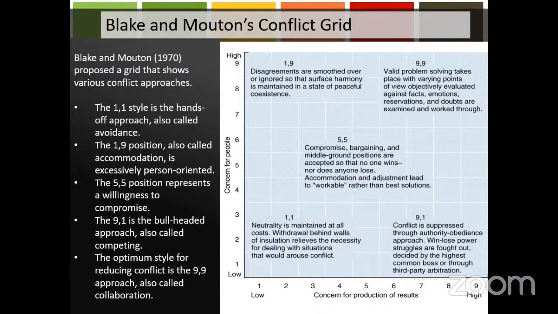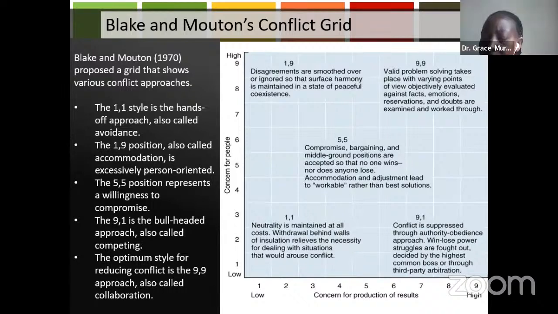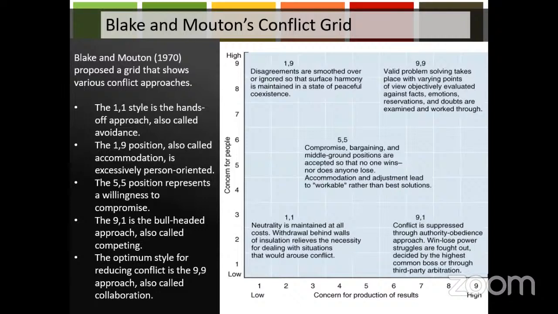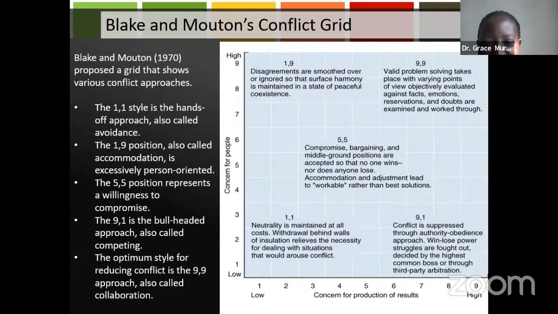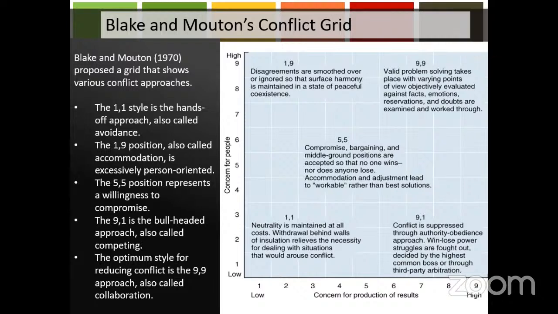In my view, I take it as an approach, or like a guideline. If a manager is met with a conflict, these are guidelines of the two factors that you should consider.